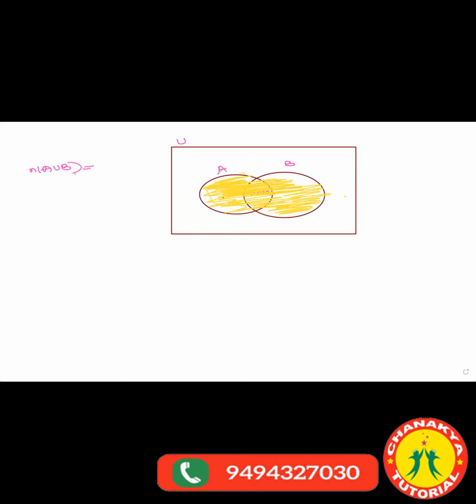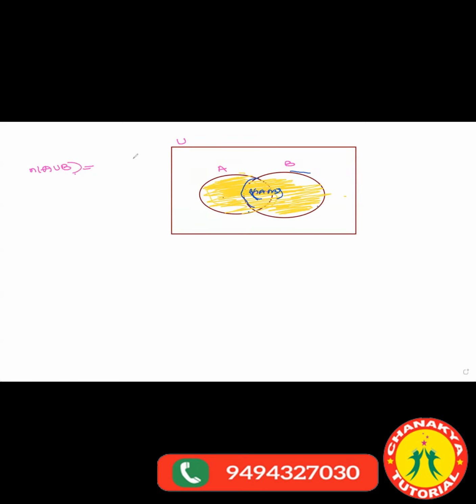It contains the number of elements of set A, then the number of elements in set B. Now this is A intersection B, this portion, which contains a portion of A and also a portion of B. So it occurs 2 times, right?